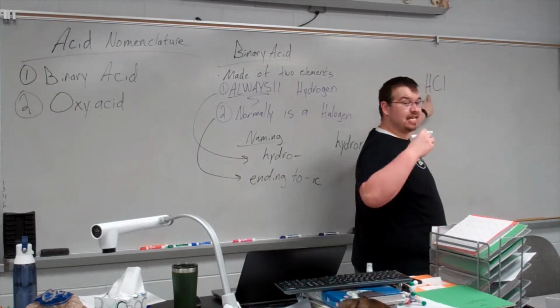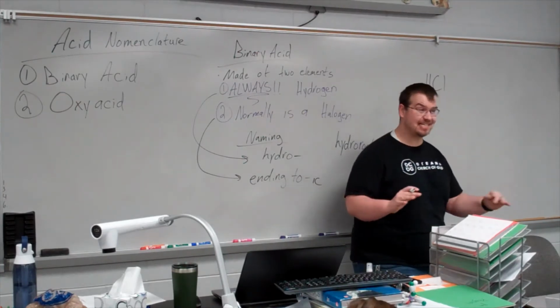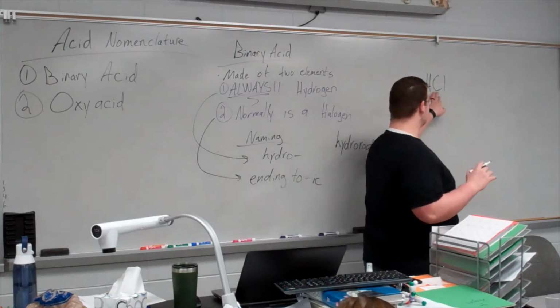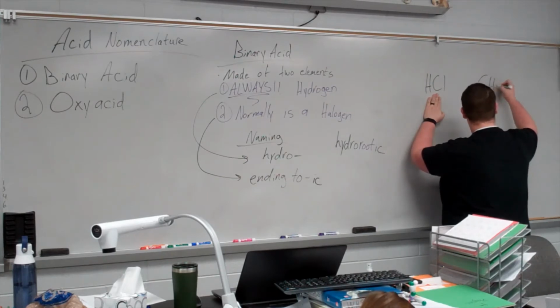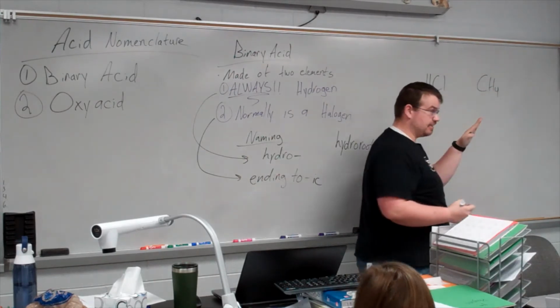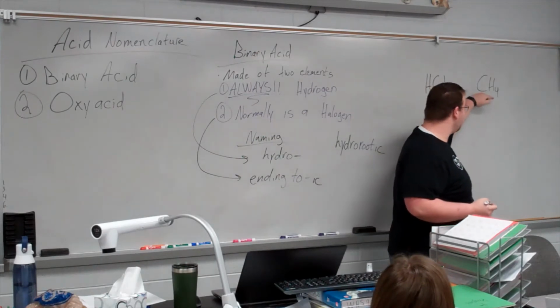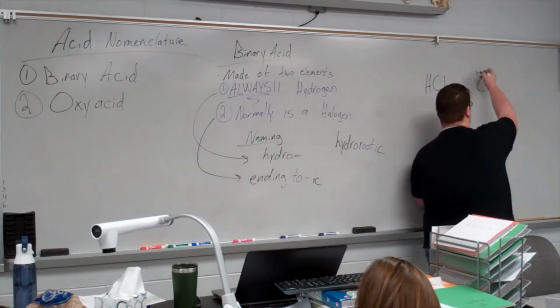The key is hydrogen will be first. Just because hydrogen is in it does not mean you're dealing with an acid. This is an acid, HCl. CH4 is not an acid. What comes first? Carbon, not the hydrogen. So this is not an acid.